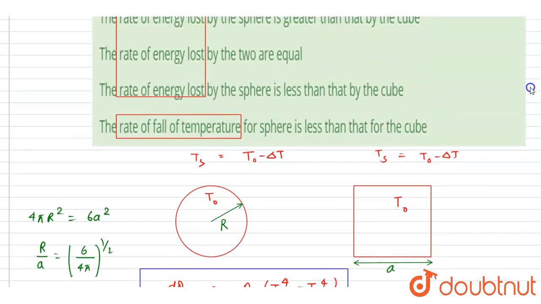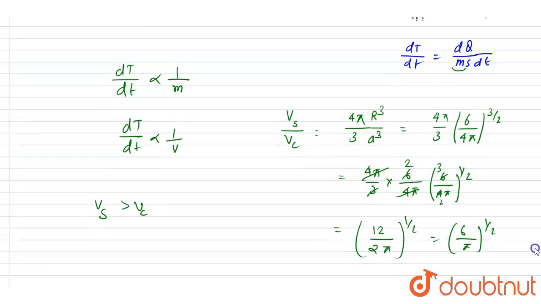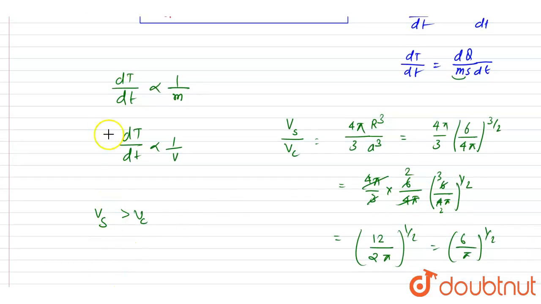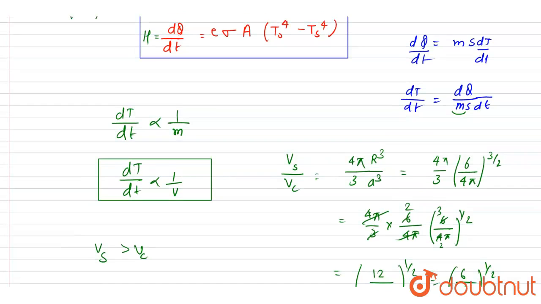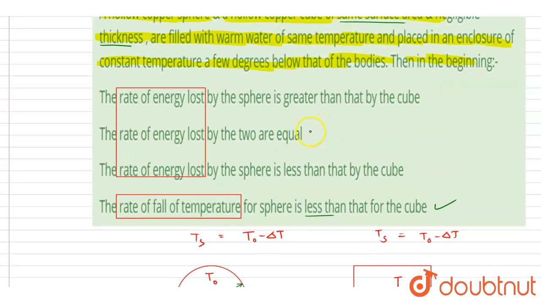So the rate of fall of temperature is less than that of the cube. Yes, this is true because the sphere has more volume inside. The one which has more volume of water inside the container will have less fall of temperature. So as you can see, B and D are the correct ones.